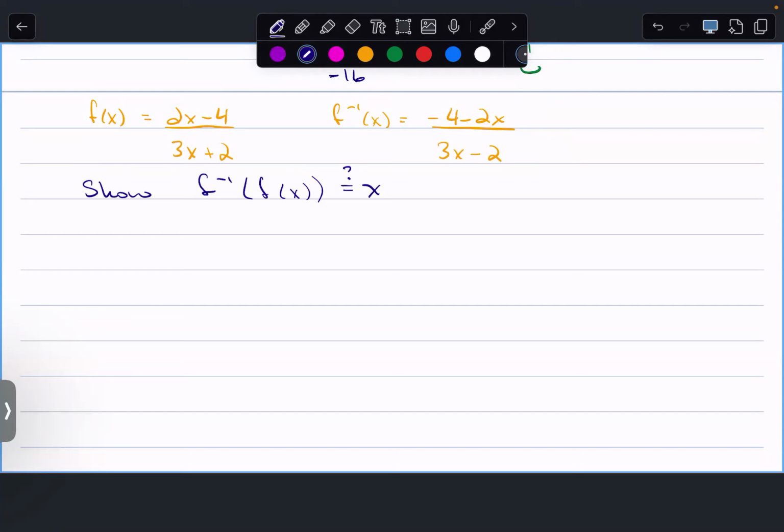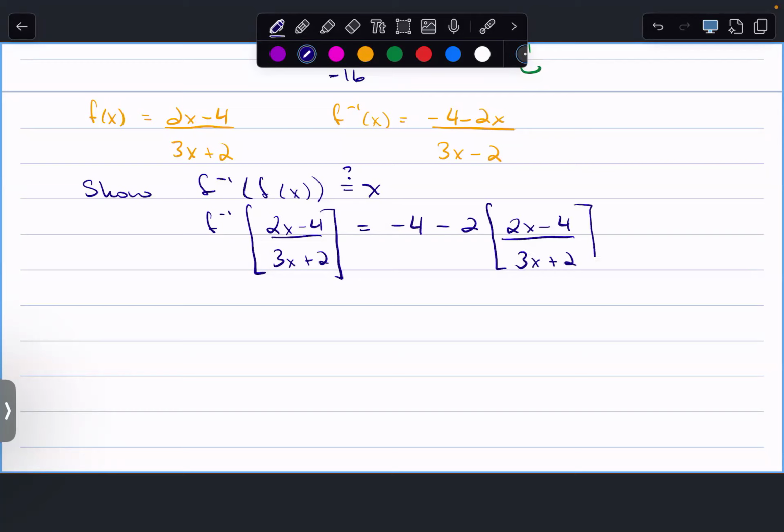We do the same thing, just stuffing the function into the inverse. And so the inverse composed with 2x minus 4 over 3x plus 2. Here we go. Keep your wits about you. Negative 4 minus 2 times 2x minus 4 over 3x plus 2.